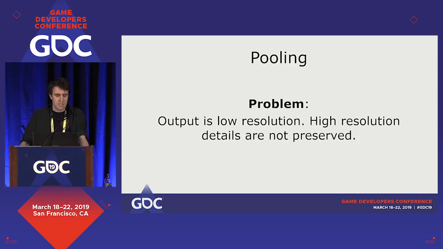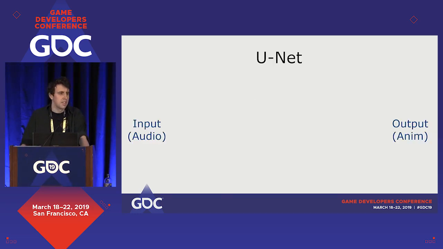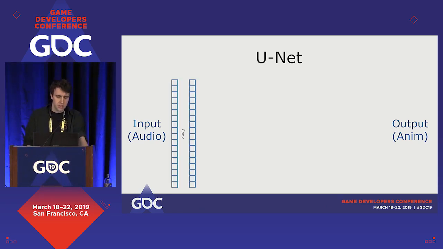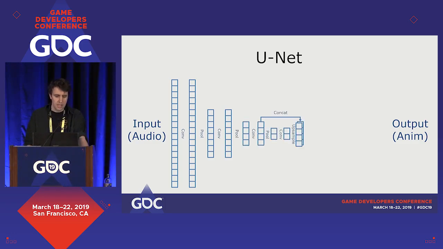So with pooling, the problem is that the output is low resolution and the high resolution details are not preserved. So this is where an architecture called the UNet comes in. So the basic idea here is that we do convolutions and pooling, convolutions and pooling, and then we do upsampling. So we take our produced output and we upsample it again.